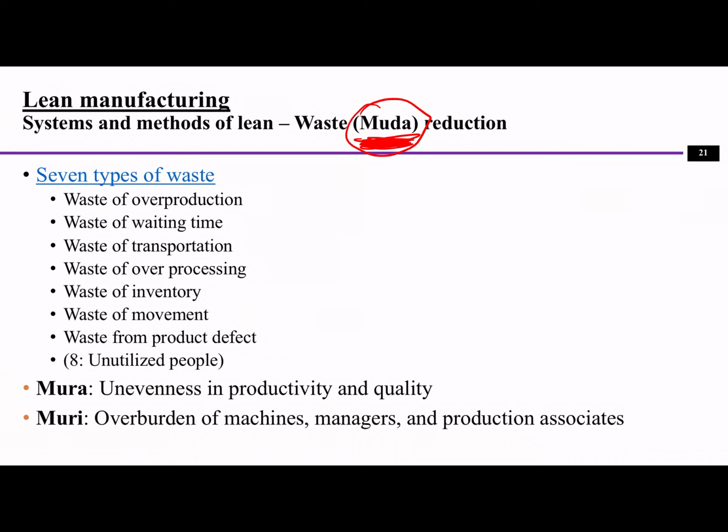And waste of over processing means if you can process or make the product in a very simple way, you do not need to design hundreds of steps to make it. That's the waste of over processing. The waste of inventory means you do not want to hold a lot of inventory. If you hold a lot of inventory, it's waste. Waste of movement means, from the unit operation perspective, you do not want to move too much.